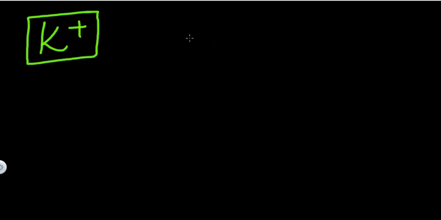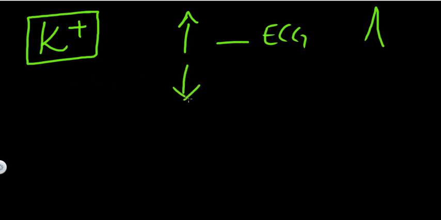Now, there are a few pathologies, but the most important one for the heart is your potassium. If you see high levels of potassium on ECG, you will see tall tented T waves, and if you see low potassium in biochemical investigation, you will see inverted T waves or a U wave.